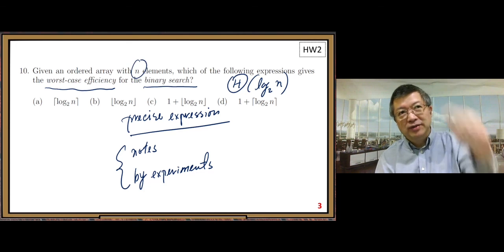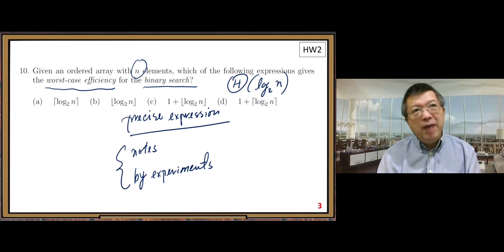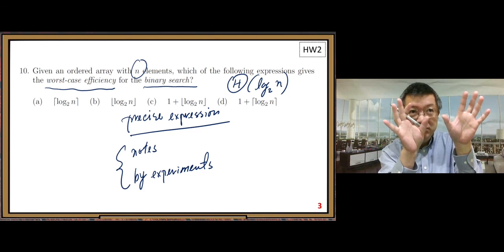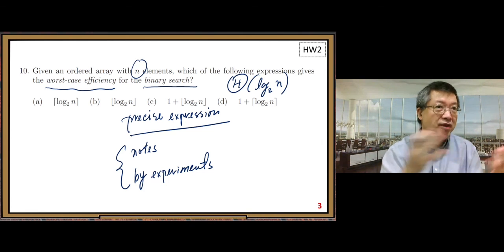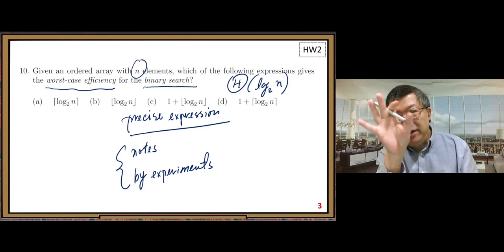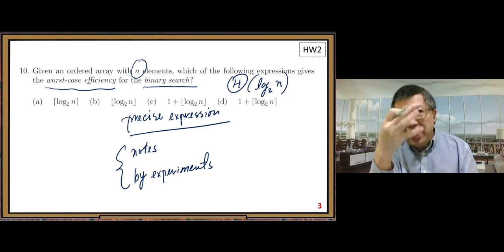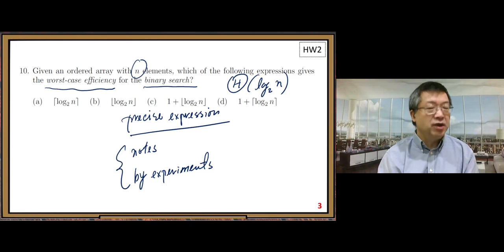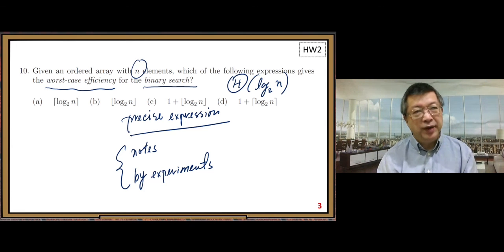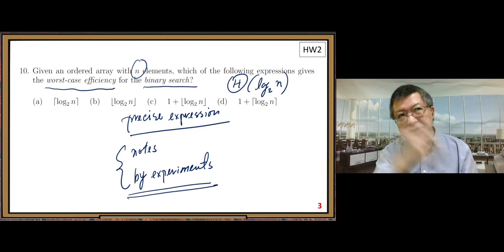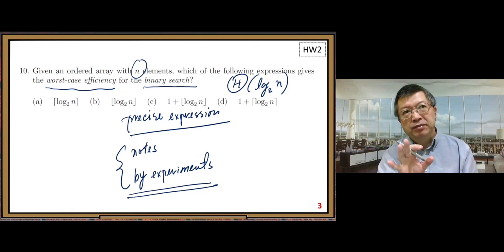Actually, you only need to do one, but one n may not be enough, because if you use one special n, maybe more than one formula is correct. That's possible for one special n. So then you try another different n. Eventually you will get only one of the expressions correct. So by experiments, that's another commonly used method to give you the correct answer.